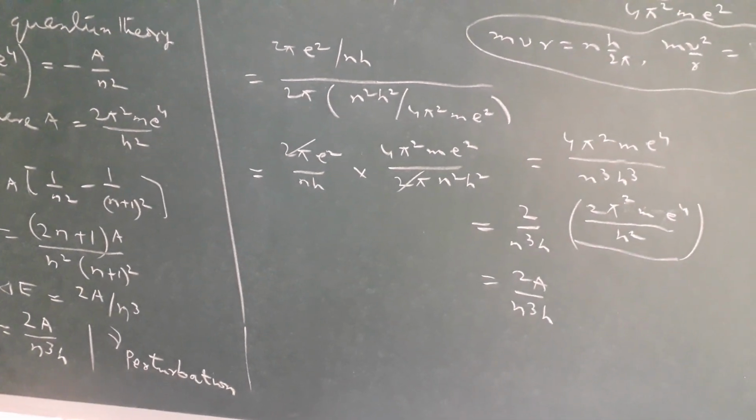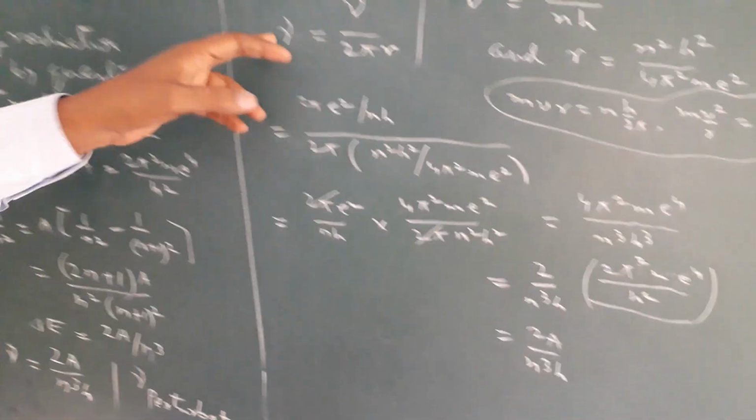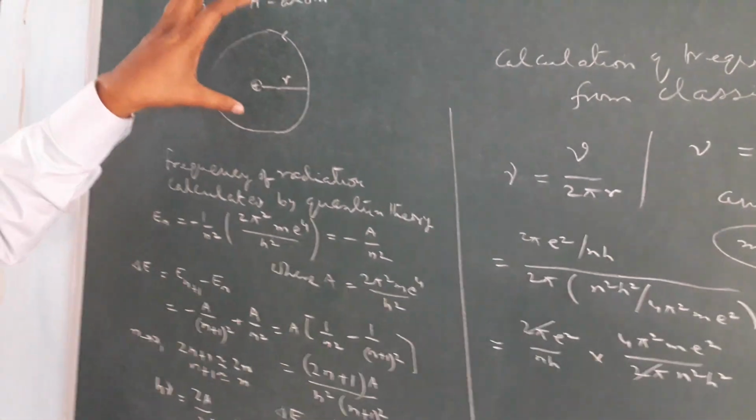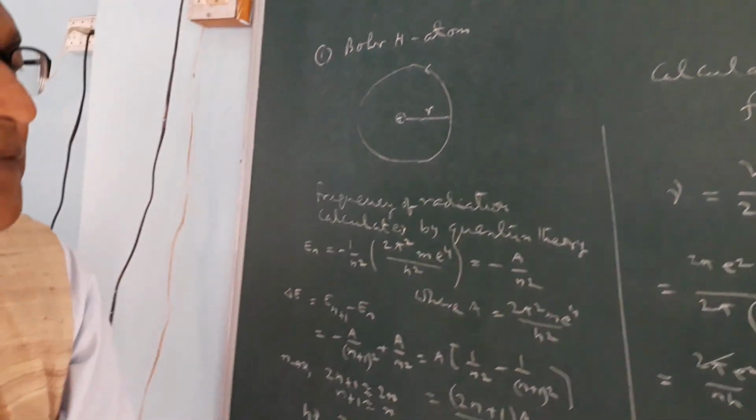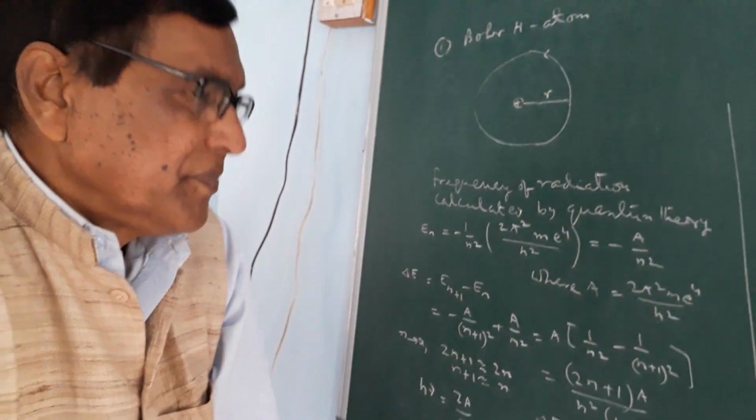Thus it is seen that this is the frequency of rotation of the electron in the hydrogen atom, and this must be equal to the frequency of radiation.